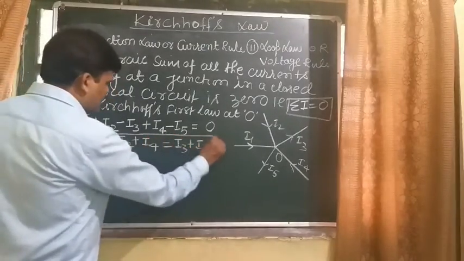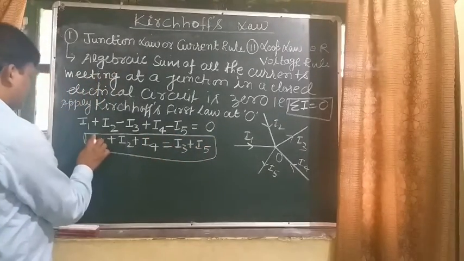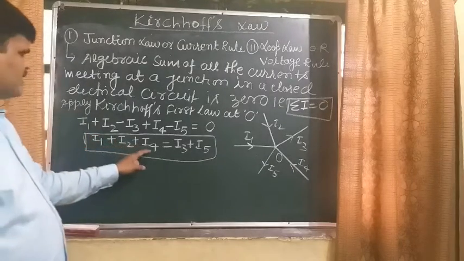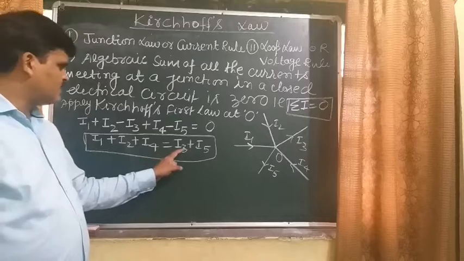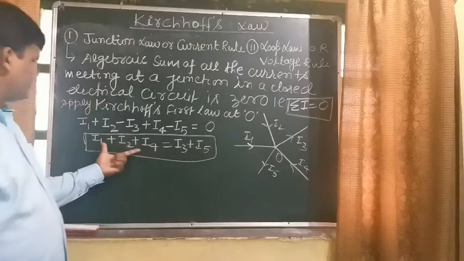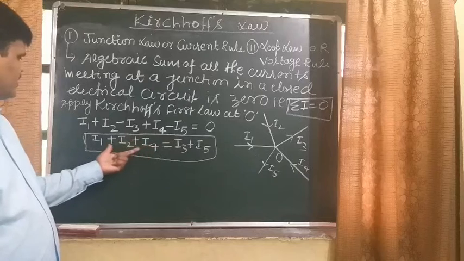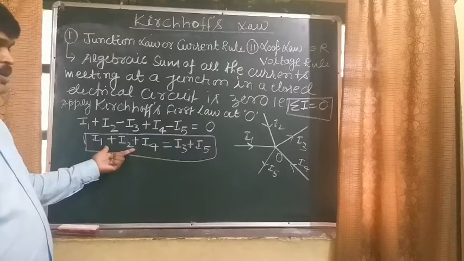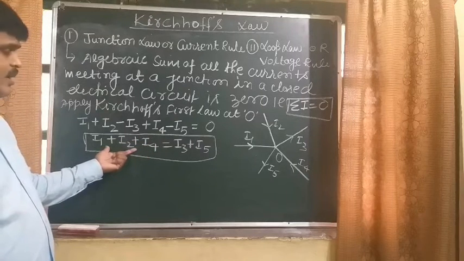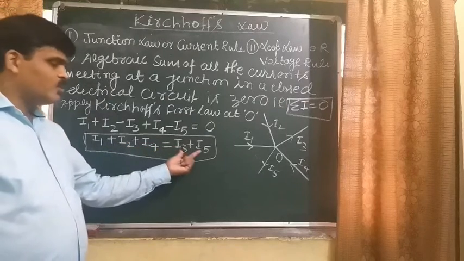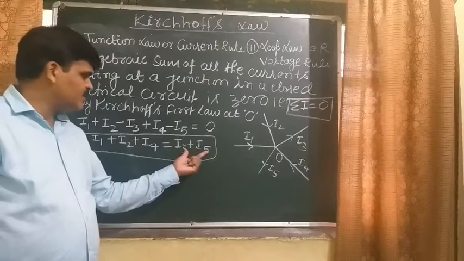And student, also see here, I1 plus I2 plus I4 is equal to I3 plus I5. So the left hand side, I1 plus I2 plus I4, can be read as the total sum of the currents entering the junction, which is equal to the total sum of the currents leaving the junction.